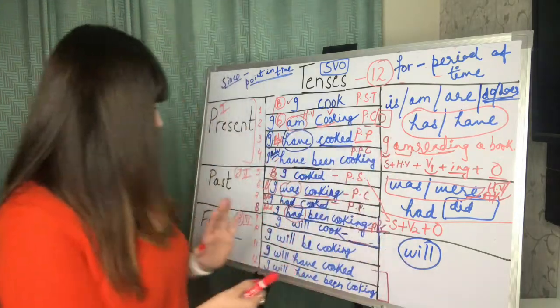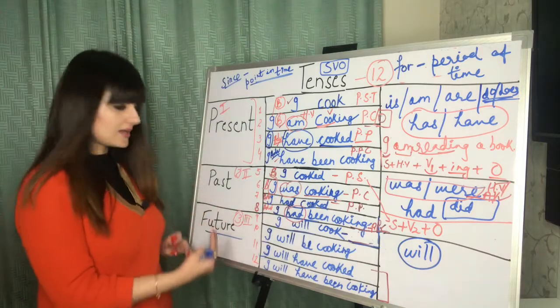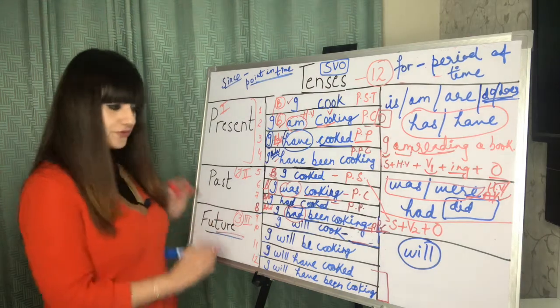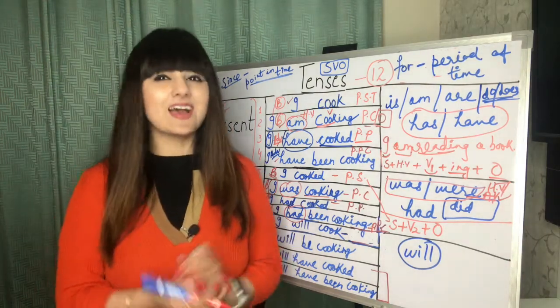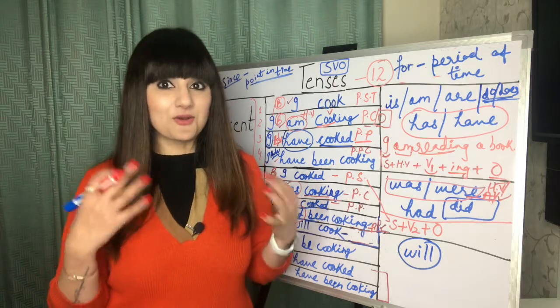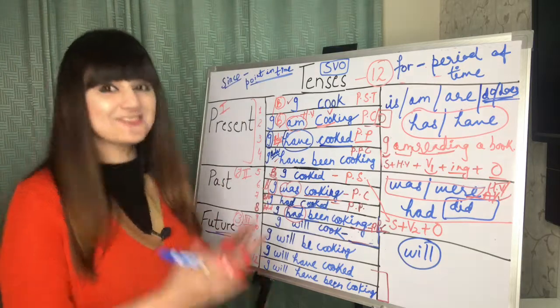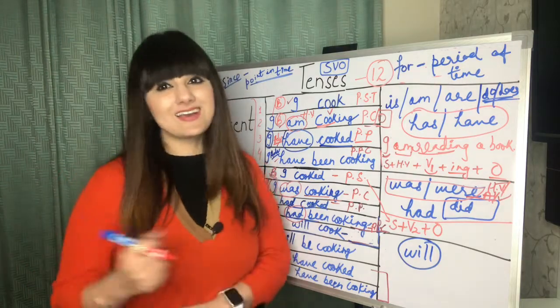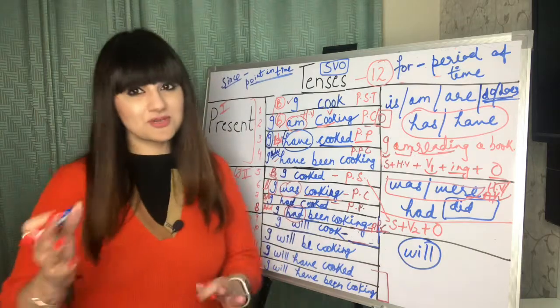All right, now moving forward. Now it's our last tense, the future one. Let's do it quickly. I know you're feeling tired, don't worry, I'll finish it quickly. I know this lesson is a bit longer, but I hope you understand.